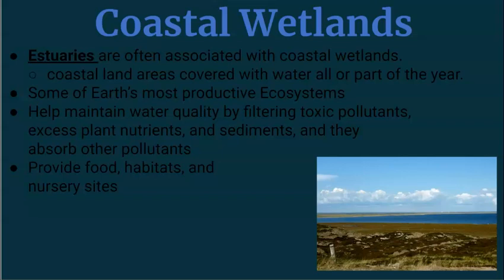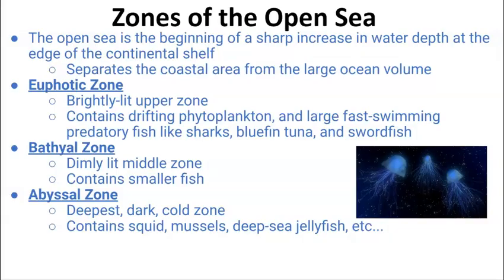So some of the toxic pollutants, maybe some excess plant nutrients, like we talked before about fertilizer runoff, okay, nutrients from fertilizer runoff, and sediment, are going to get filtered out in these areas. Coastal wetlands are also going to provide food, habitats, and nursery sites for many different types of animals.